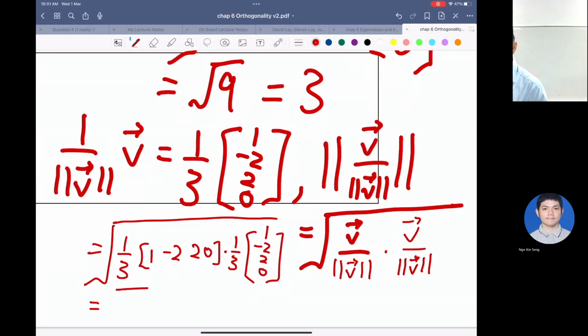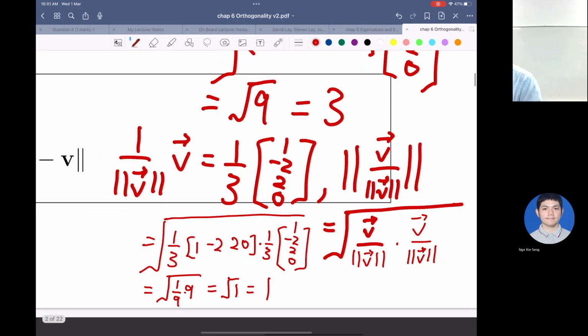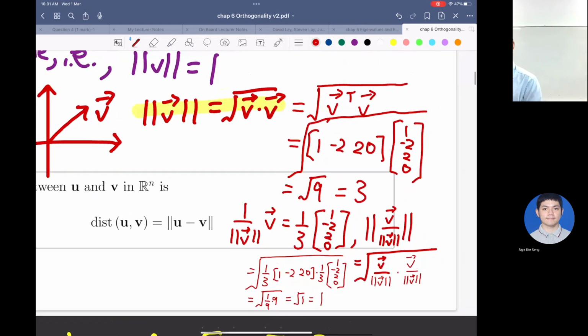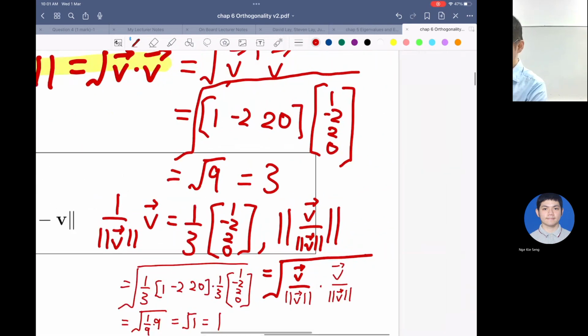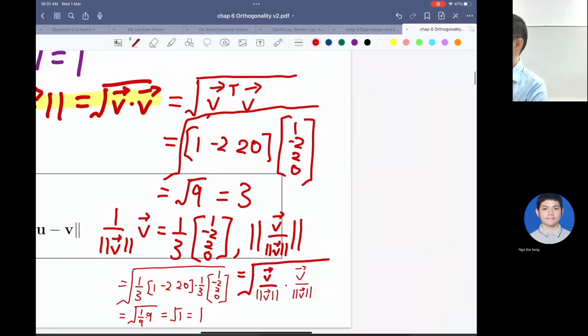What do we get? We get the square root of 1/9 times 9, which is 1. So to find a unit vector, you just take your vector divided by the length of v. I think this one should have been done before.